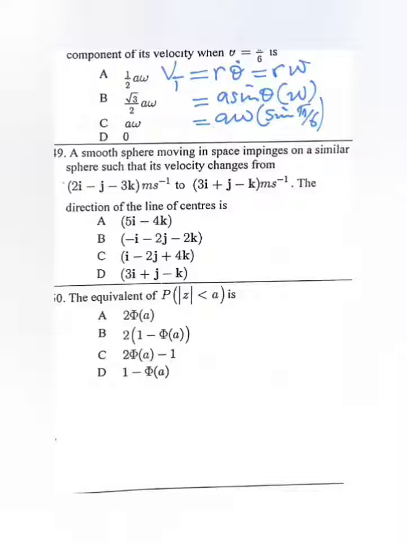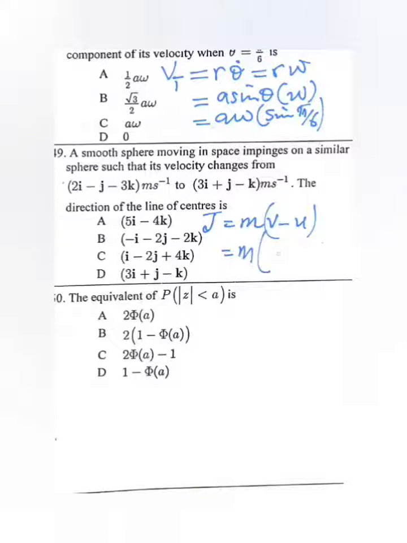In question 49, a smooth sphere moving in space impinges on a similar sphere such that its velocity changes from 2i minus j minus 3k meters per second to 3i plus j minus k meters per second. The direction of the line of centers is, and we have these options. When spheres are colliding, the direction of the line of centers always corresponds to the line of the impulse, J, which is the change in momentum, given by m into v minus u.